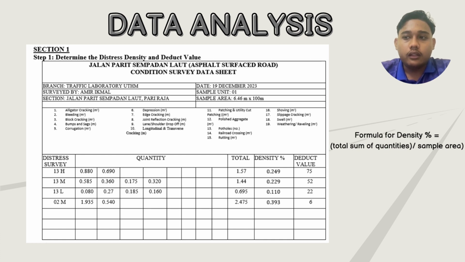The percentage density we get using the formula total sum of quantity over sample area, where the sample area is 6.46 multiplied by 100, and the deduct value we get from the graph of deduct value and percentage density.